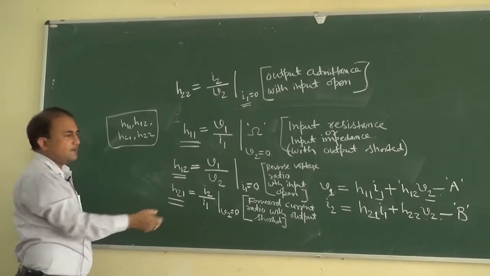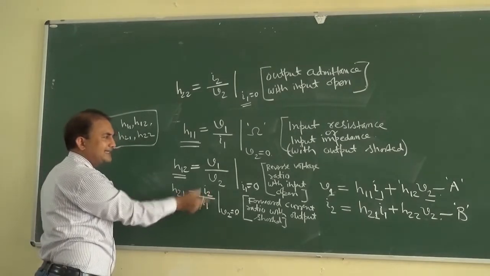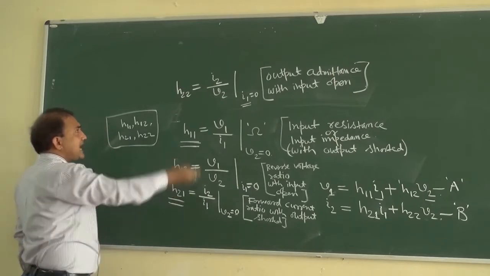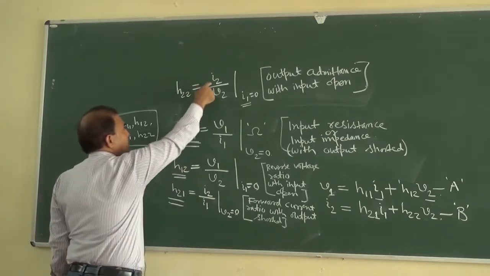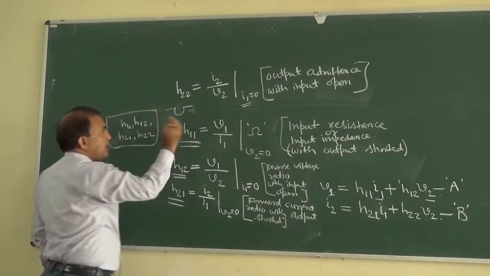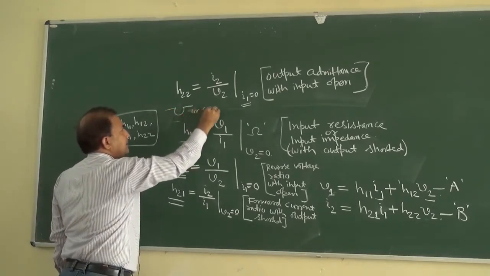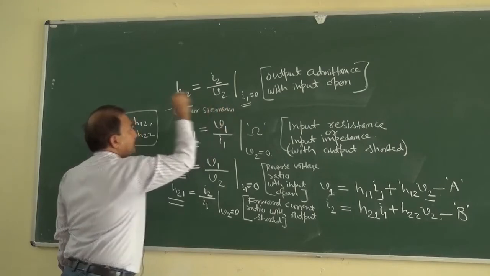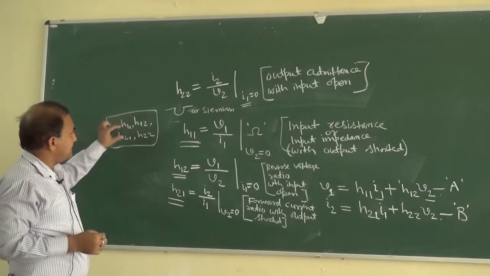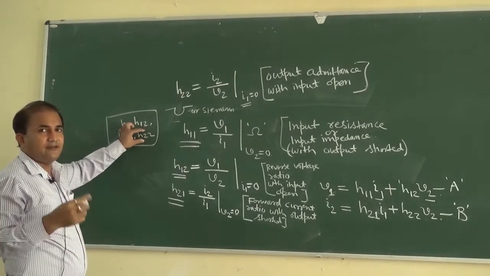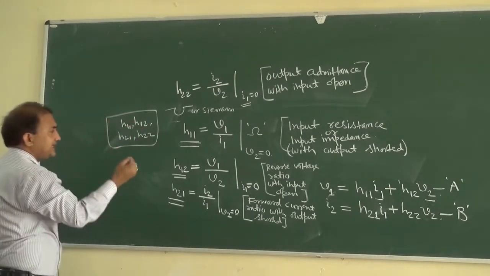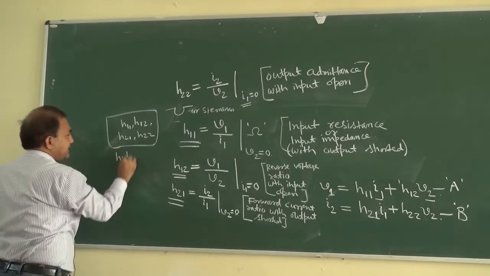H21 it is again unitless because current divided by current. This is voltage divided by voltage. It is unitless and H22, its unit is I2 by V2, its unit is mho or Siemens. Okay. So all these quantities have different units and some are unitless also. That is why it is known as hybrid parameter.